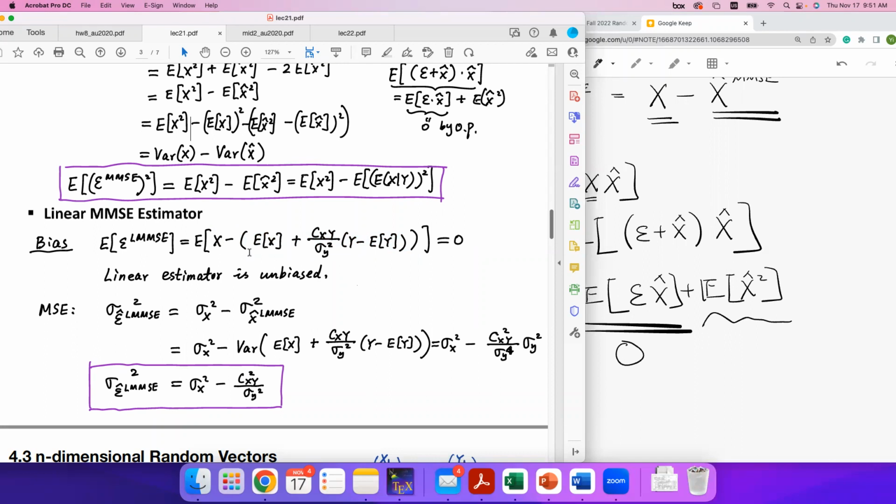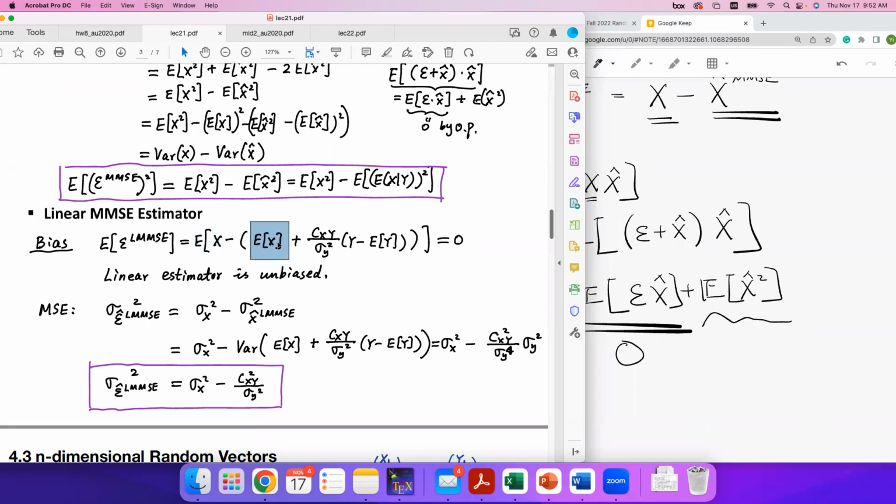Now you can see that it is equal to 0. Why? Because by linearity of expectation, I can evaluate the expected value of all these terms one by one. This is a universal constant, the mean value of x. The expectation applied on this constant is still this constant. But the first term, random variable x, after applying the expectation becomes expectation of x, and it will cancel with this mean value.